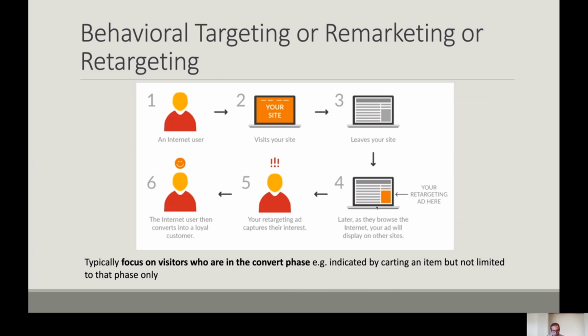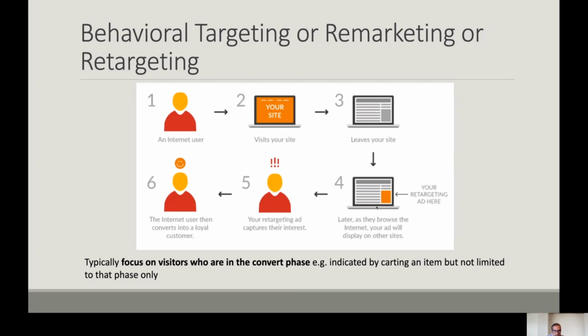Now, talking a little bit more about behavioral targeting, which is sometimes also called remarketing or retargeting. The picture that you see on the slide actually explains how this works, and I'm pretty sure that in your own experience, you might have seen something like this happen to you.